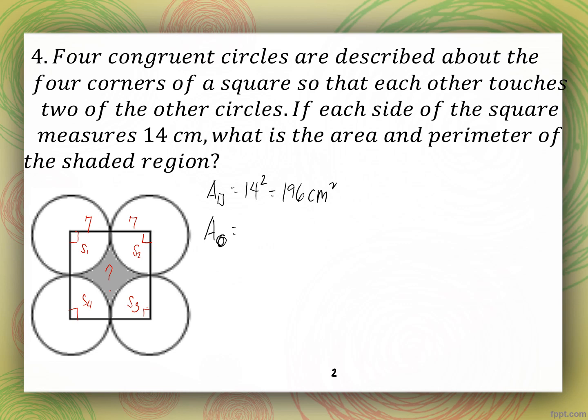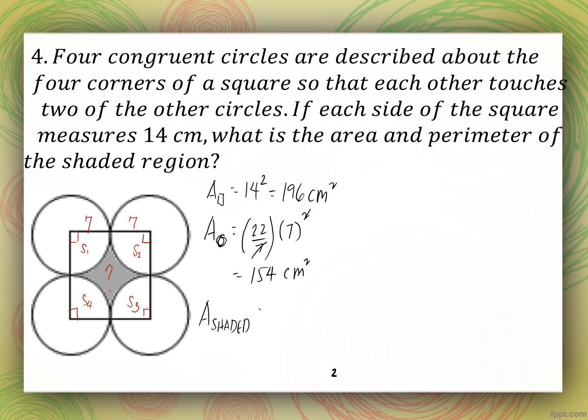For pi, this time I'll be using 22 over 7. Then our radius is 7, and we square it. If we solve that, we can cancel out 7 and 7 here, so we'll be left with 22 times 7, which is 154 square centimeters.